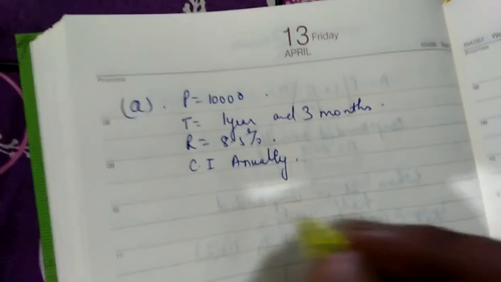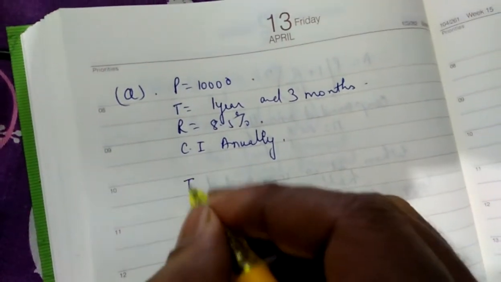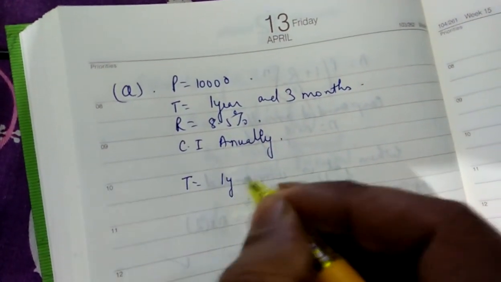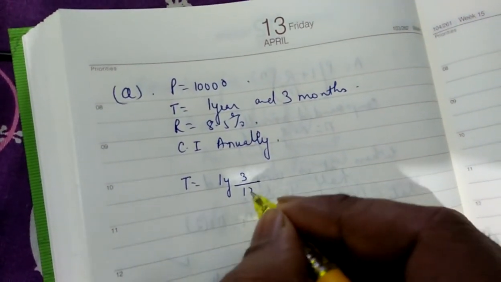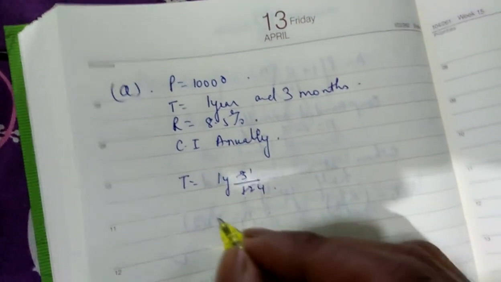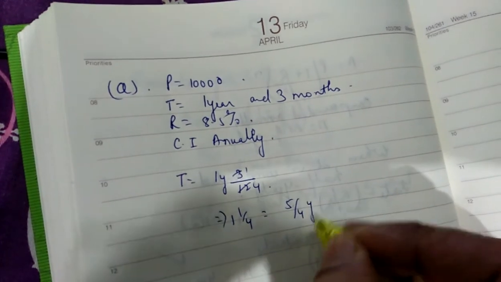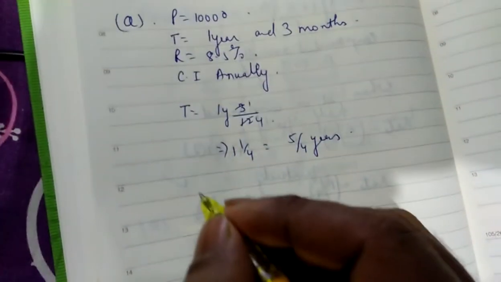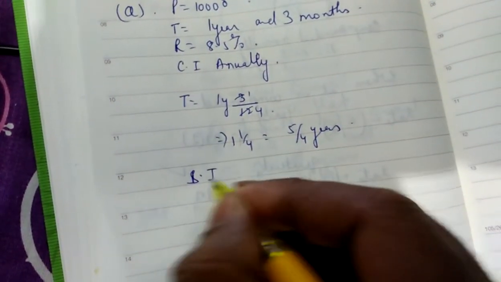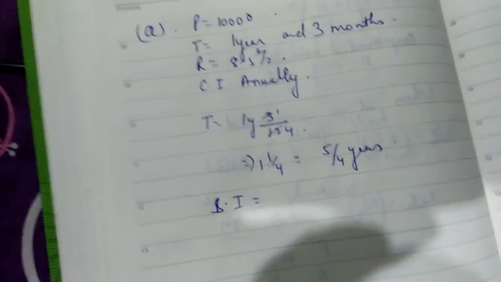We will first convert the time period 1 year and 3 months. So 3 by 12 is 1 by 4. So 1 plus 1 by 4 is equal to 5 by 4 years. Okay. So we have to compound it annually. So there is hardly any problem with this.